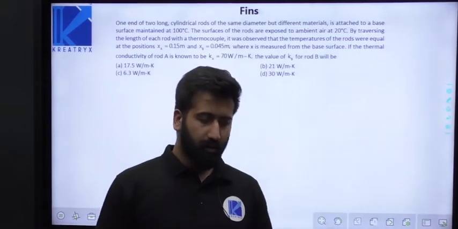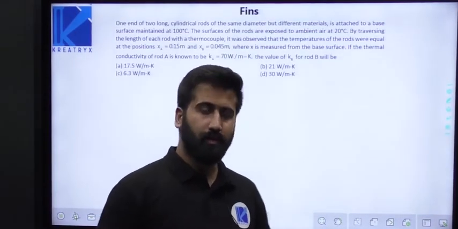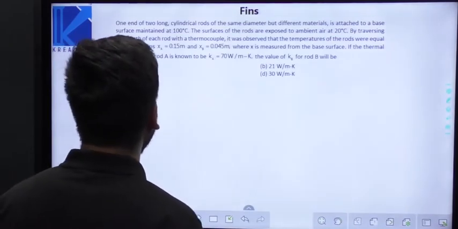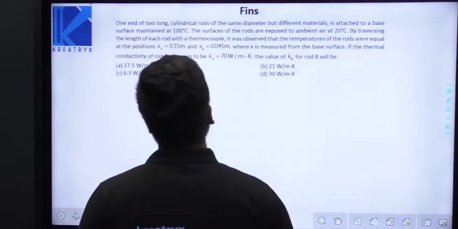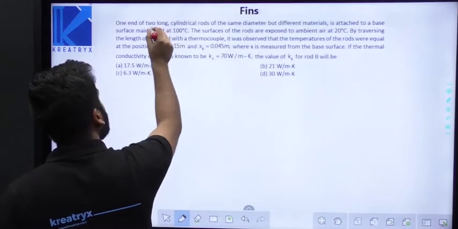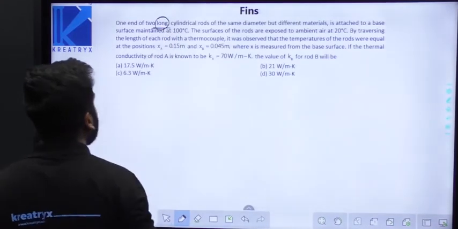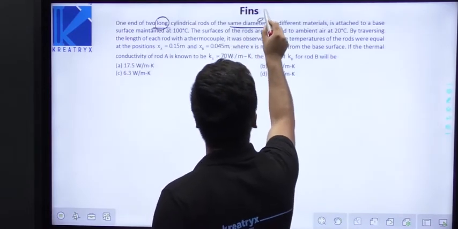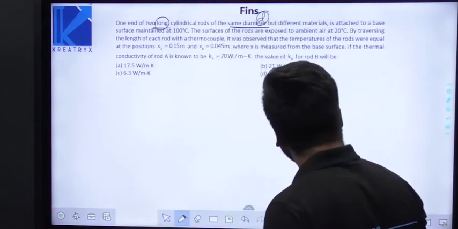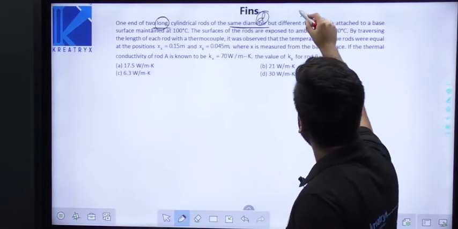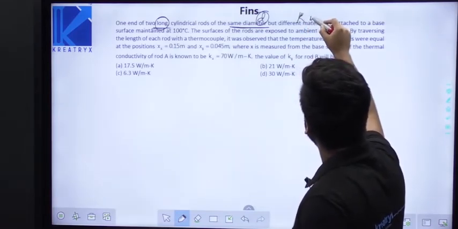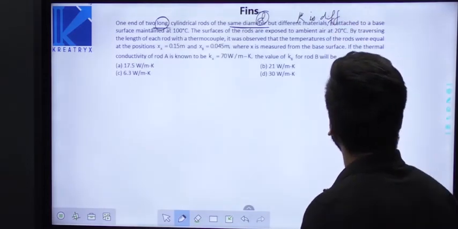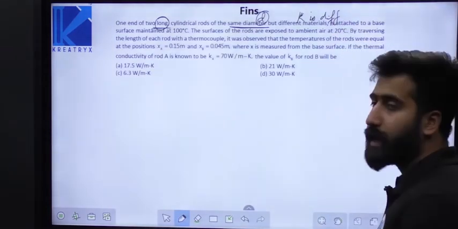Hi, let us solve some more questions from the chapter fins. This question says that one end of two long, that means infinitely long fin, cylindrical rods of the same diameter, but different materials, so K is different, is attached to a base surface maintained at 100 degrees Celsius.